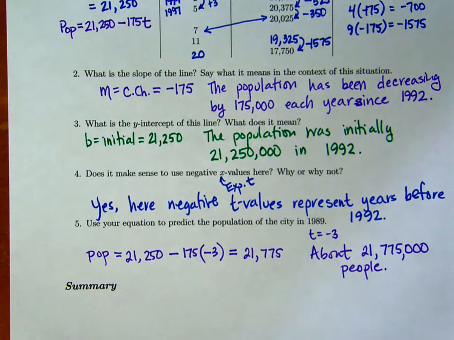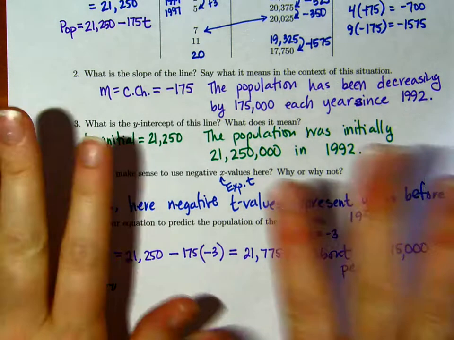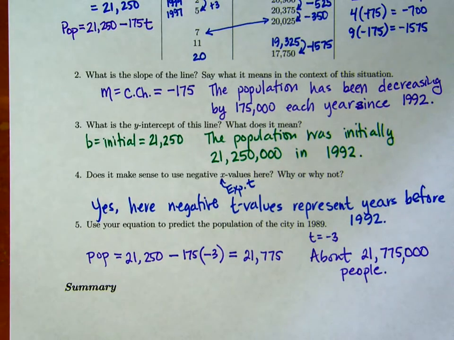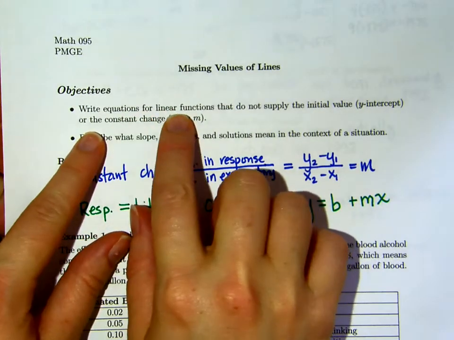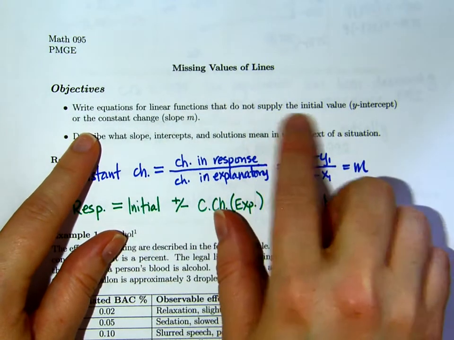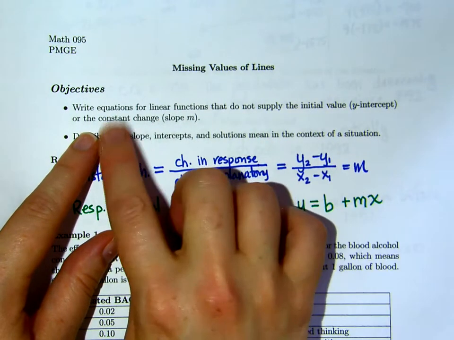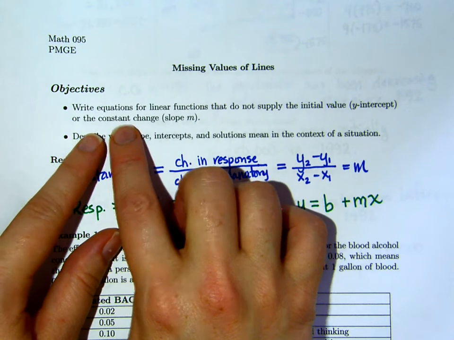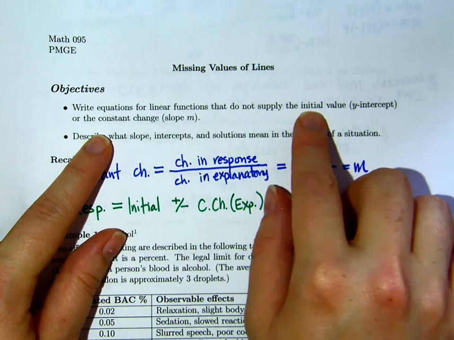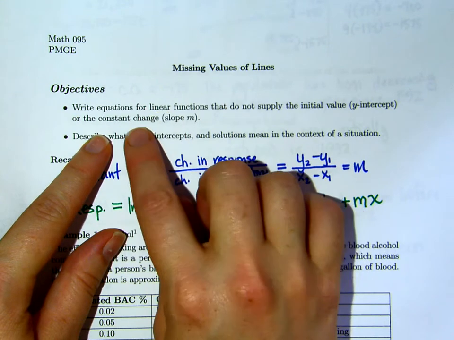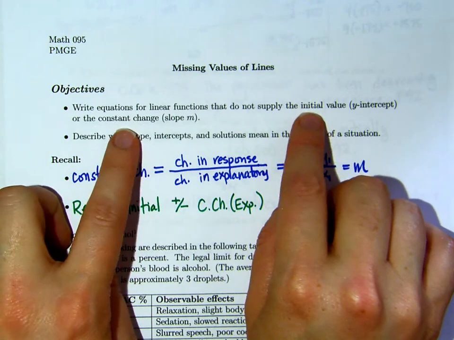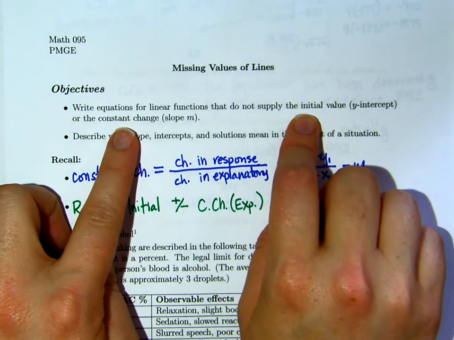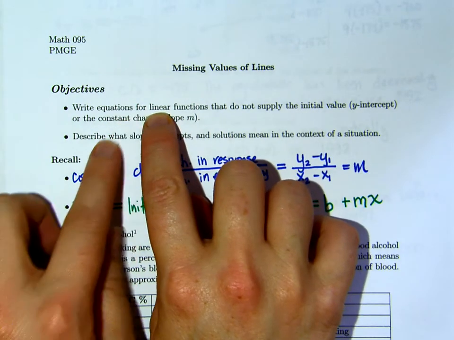Okay, in the city. So a quick summary about what this section taught you, or hopefully taught you, is that we can still make linear equations even if we weren't supplied the initial value or the constant change. But we have to find those regardless in order to find the equation. So even if we're not getting them, we still have to compute them somehow from what we're given in order to write the equation of a line.